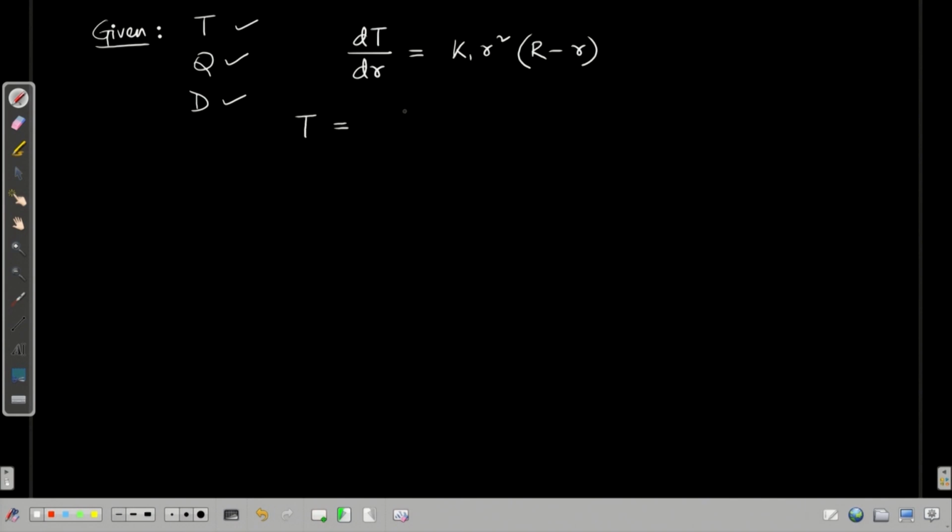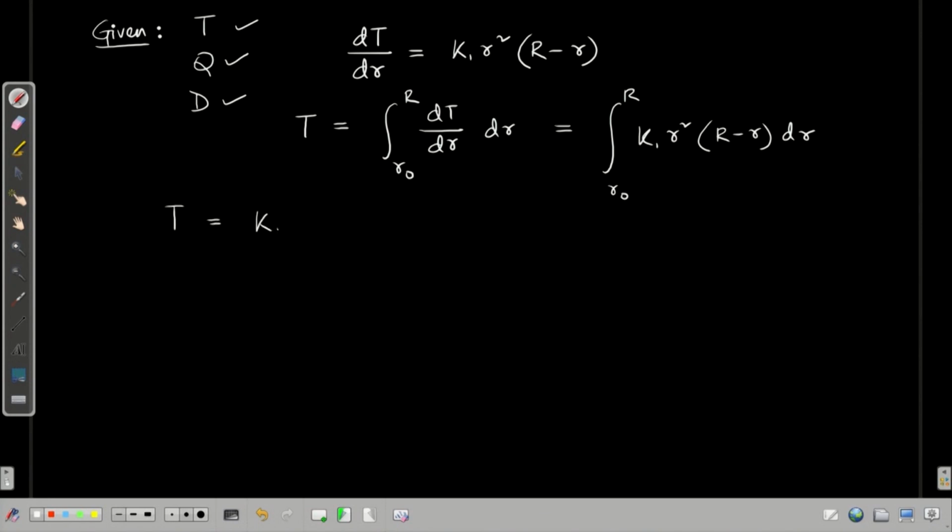The thrust will be the integration of dT/dr over the entire propeller blade, which is given, so T is K1 times the integral of the given expression dr. So, if we do the integration where K1 is the constant, we have here r squared, whose integration is r cubed by 3.